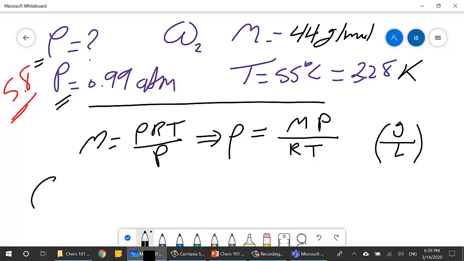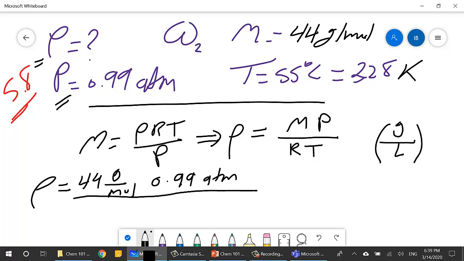So we'll proceed with that, and that will be equal to 44 gram per mole times the pressure, which is 0.9 atmosphere, over RT. So we have MP over RT: 0.0821 atmosphere liter mole minus 1 Kelvin minus 1, times the temperature, which is 328 Kelvin.